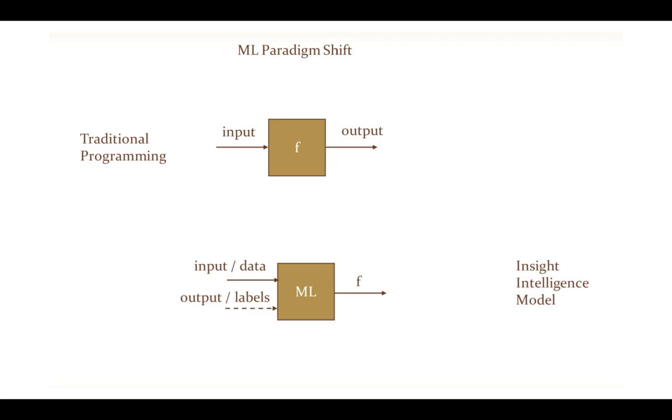So this is a whole paradigm shift in machine learning, where it's not explicitly programmed. It derives intelligence out of the data that you have fed into it, along with optional labels or outputs.